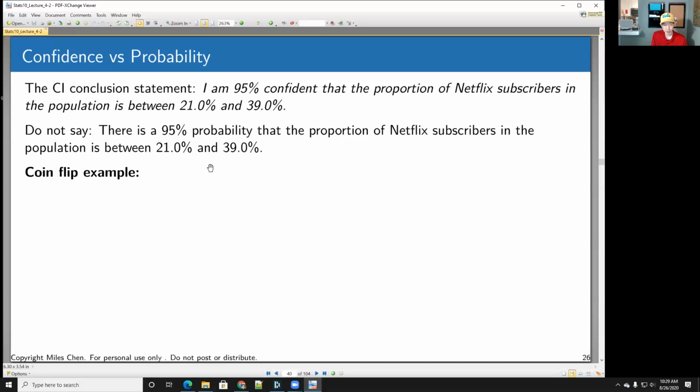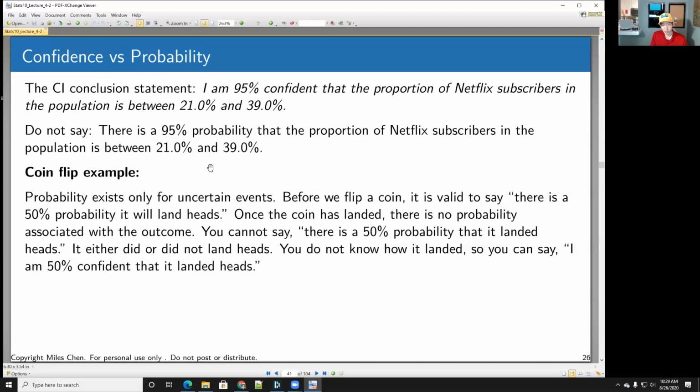In the same way, when we are talking about the confidence interval, the population proportion p is either inside the interval or it's not. It's some fixed value. It's a property of the population.